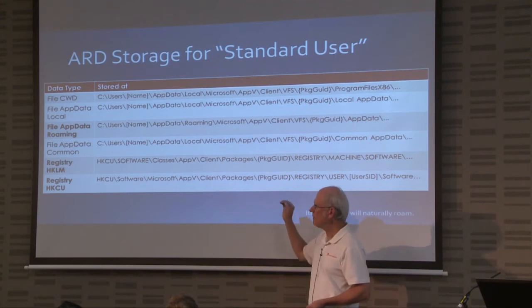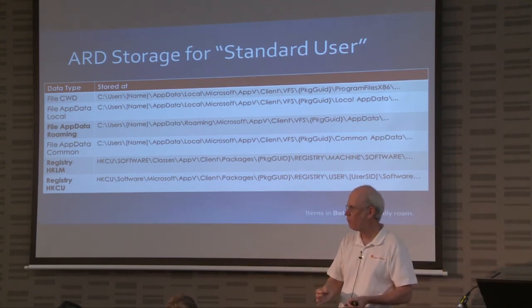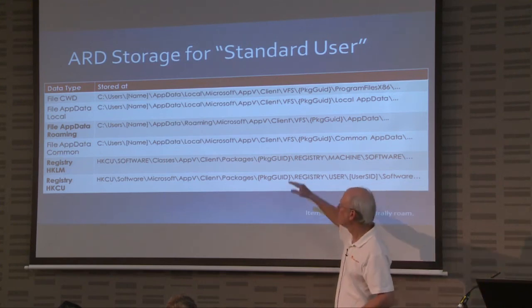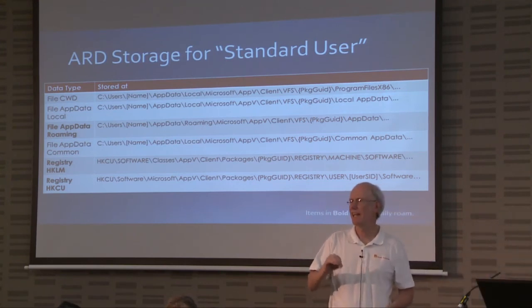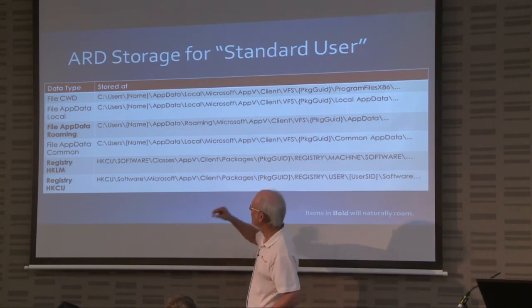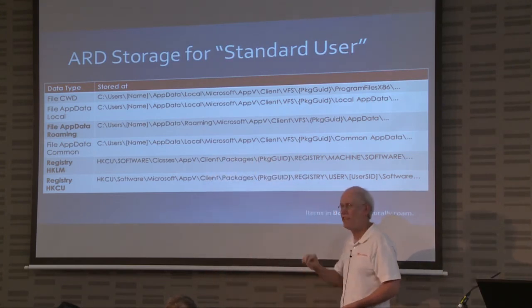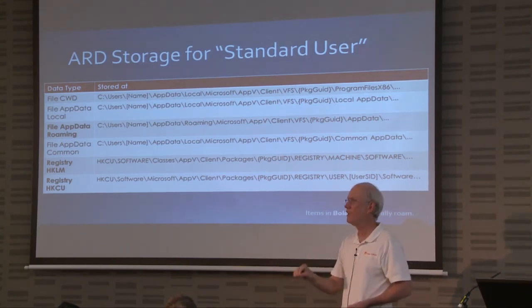Now, only if the application was trying to write things that should naturally roam does it roam. The items in bold here are the three categories that, for a standard user, naturally get written into areas that roam. But if the application tries to write into the common app data area or into the AppData Local area, that stuff no longer naturally roams. You need to be aware of that.